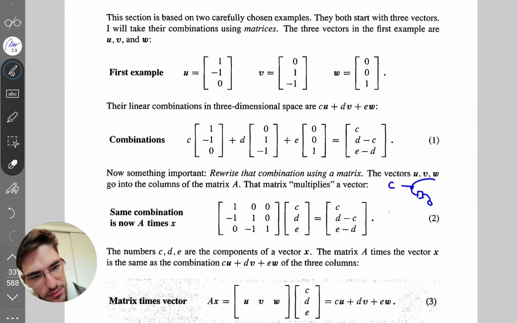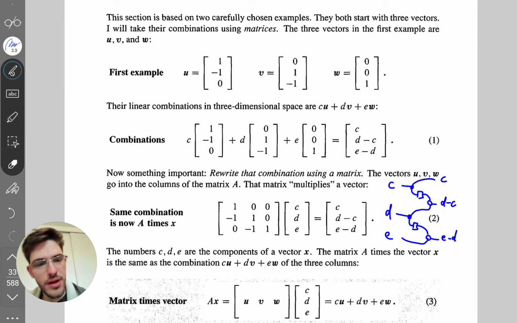Okay, I should space things out more. So here on top we've got C. Here we've got D minus C, so D plus minus C. And then here we want E minus D, same thing. That's E minus D. All right, this is the way you write this.